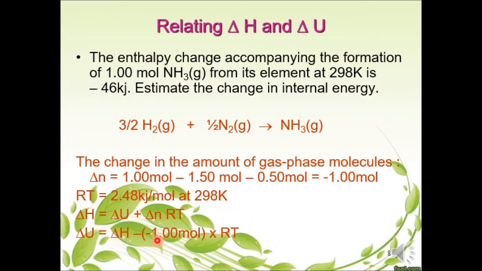Now how to find the enthalpy change for this reaction? We check the table, the table of the enthalpy of formation of ammonia minus enthalpy of formation of the sum of hydrogen and also nitrogen.